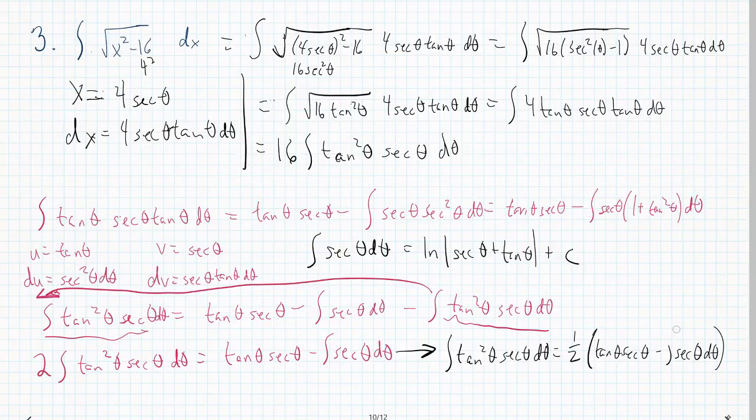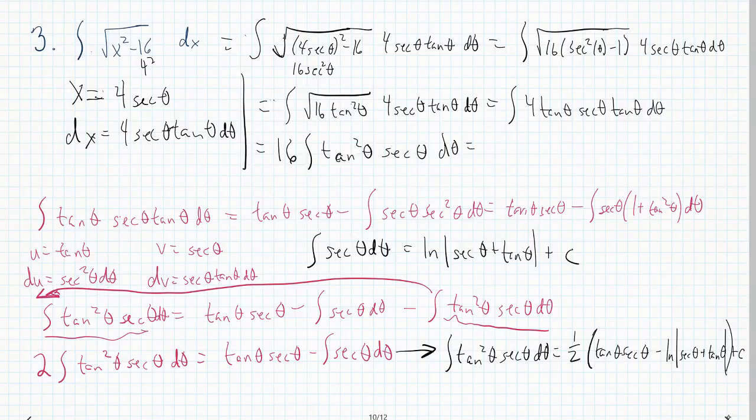So when we write this, we can rewrite that integral of secant theta d theta as just natural log of secant theta plus tangent theta, and then we can always toss in the constant c. Okay, so now we're ready to rock and roll.